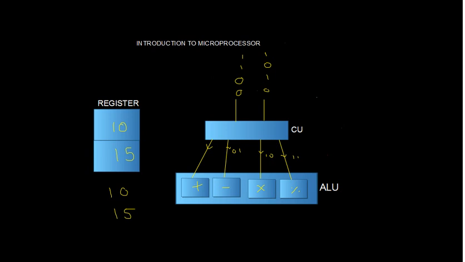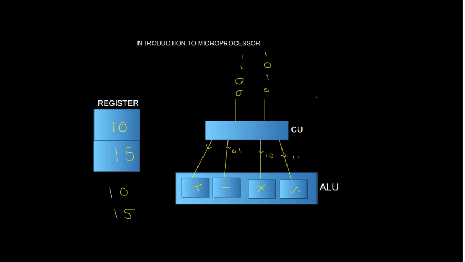Now these are called opcodes, operation codes. This is also in machine language code. This code is decoded here in the control unit, and a particular signal is given to the ALU.